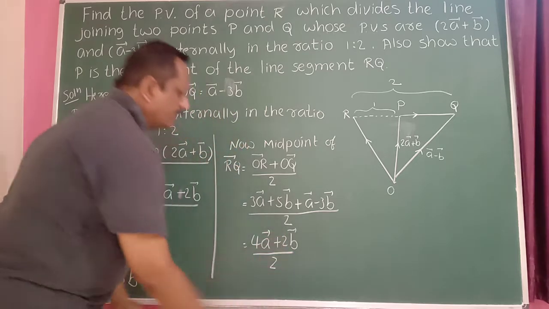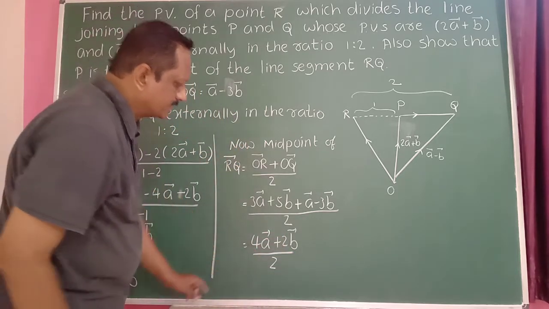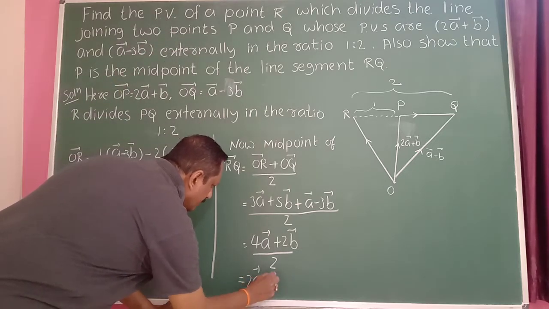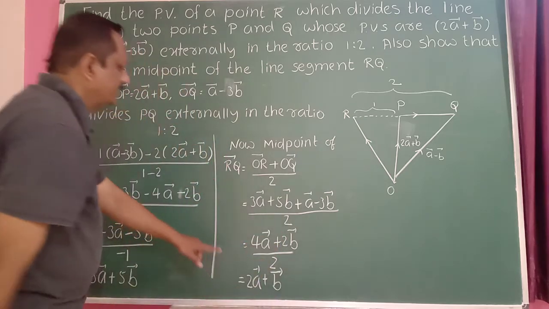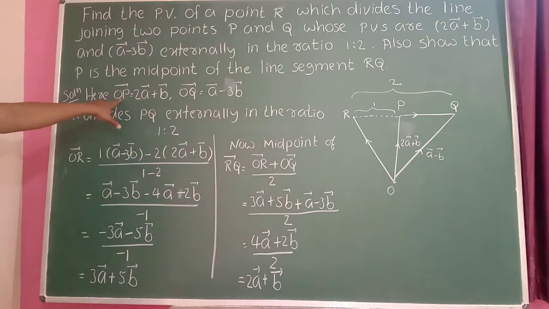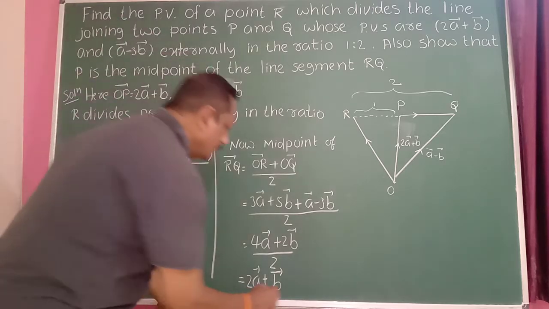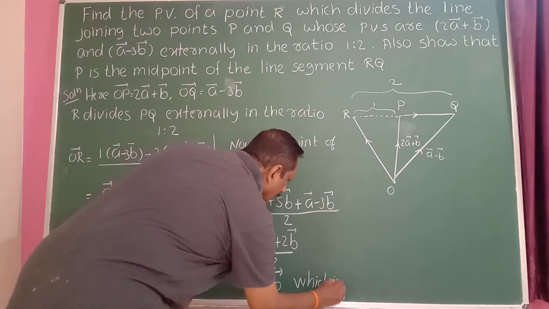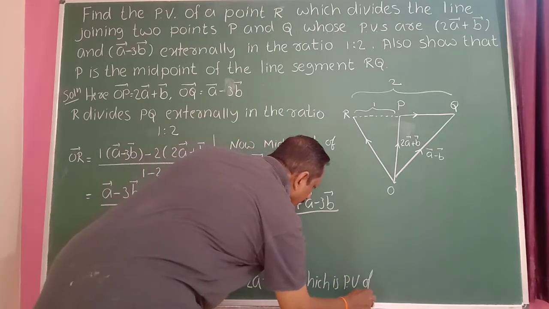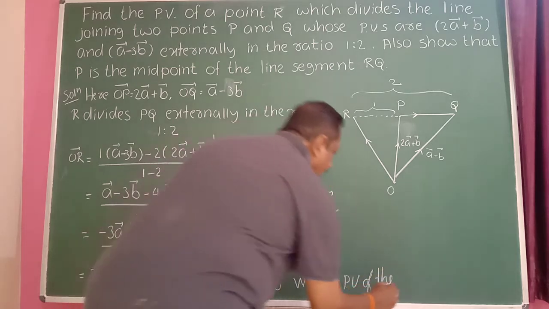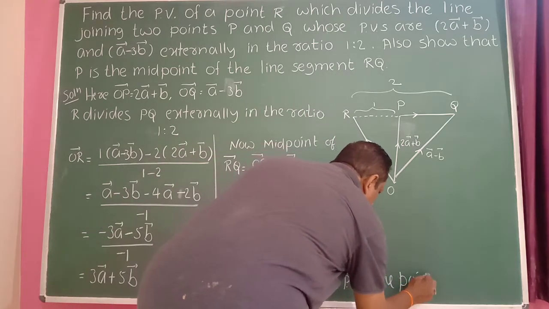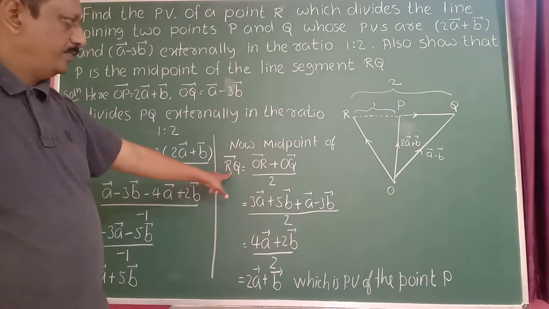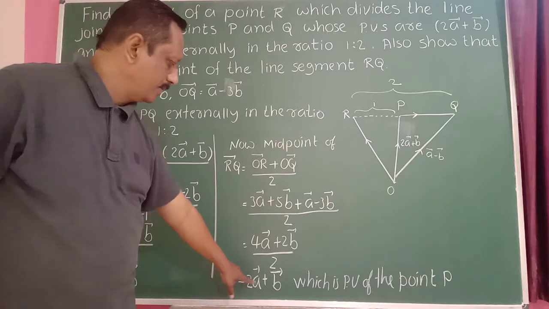Taking 2 common, 2 and 2 cancel, and the remaining is 2a̅ + b̅. So the midpoint of RQ is 2a̅ + b̅.